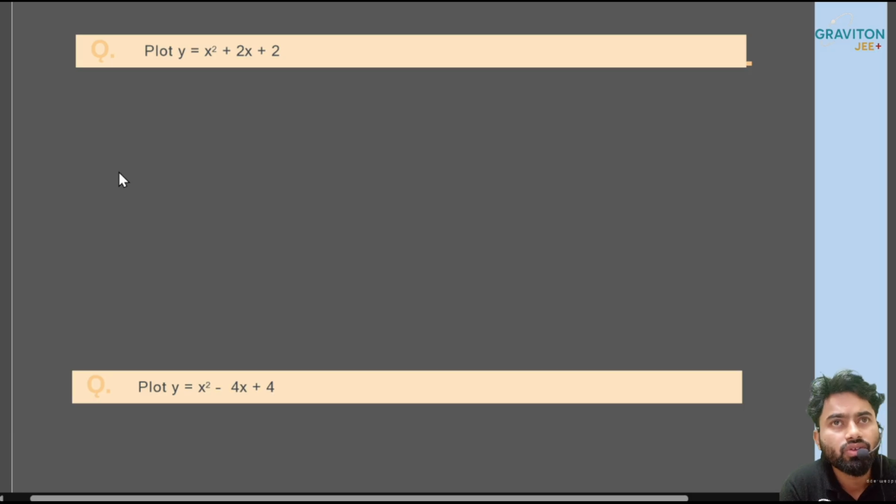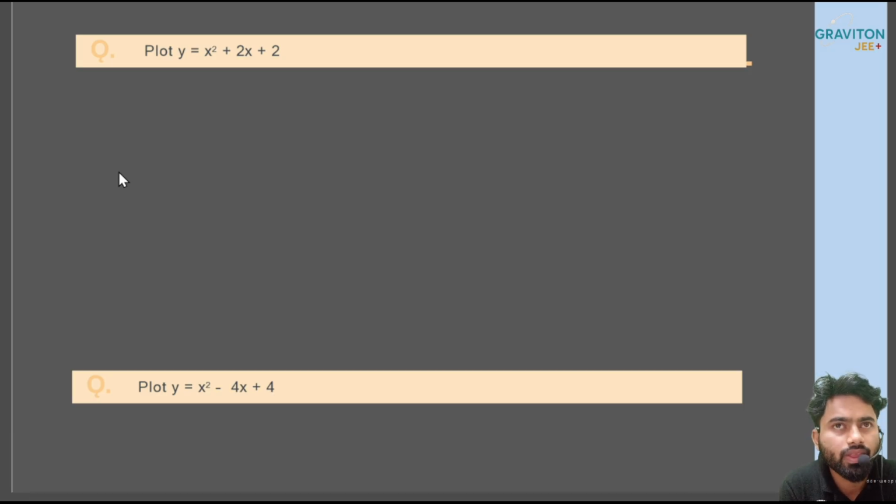So first you have to transform this expression. Okay. Look here. First you have to transform it like something. y equal to x square plus 2x plus 2.